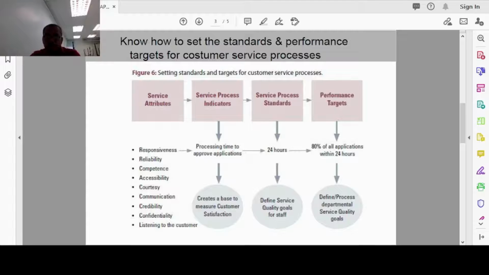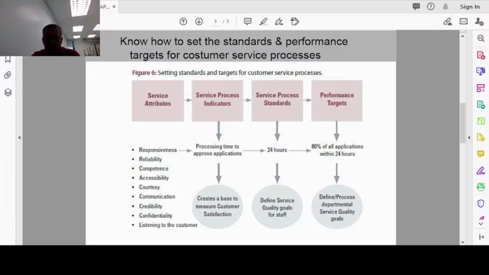Knowing how to set the standard and performance target for customer service processes. There are 4 elements. The service attributes consist of responsiveness, reliability, competence, accessibility, courtesy, communication, credibility, confidentiality, and listening to the customers.